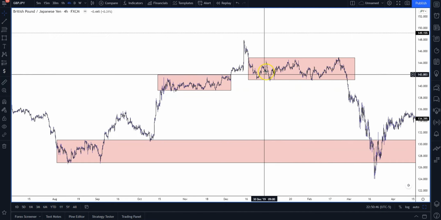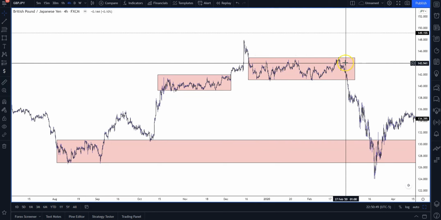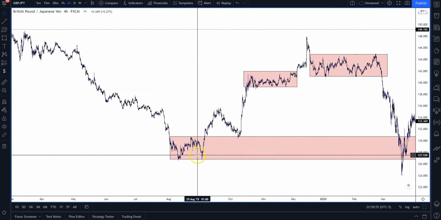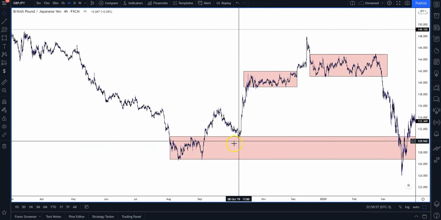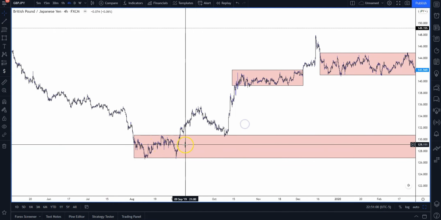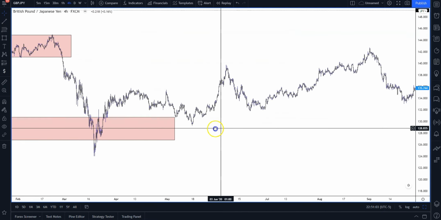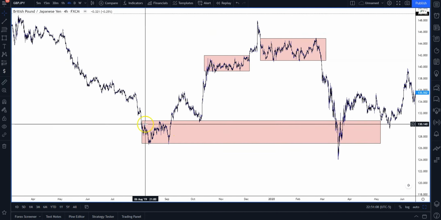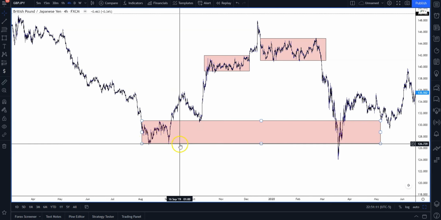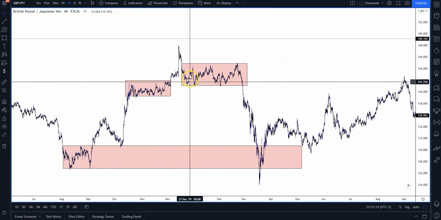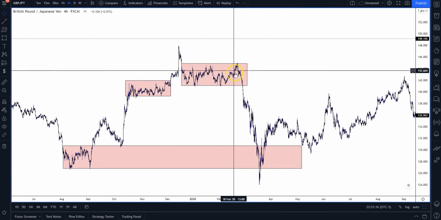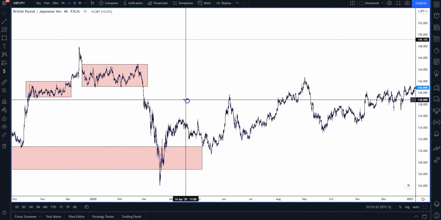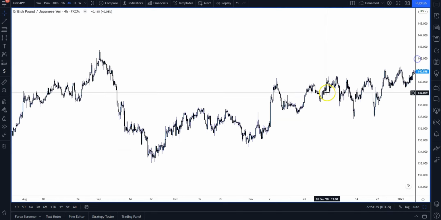So again, sales are being put in until it finally tanked with all the sales and went back into the accumulation zone. So that's the difference. This is an accumulation. Accumulations are basically accumulating orders for buys, where distribution is set for distributing the money, or the price.